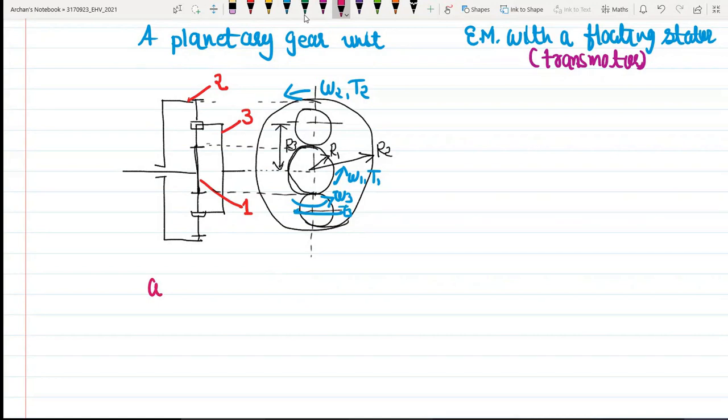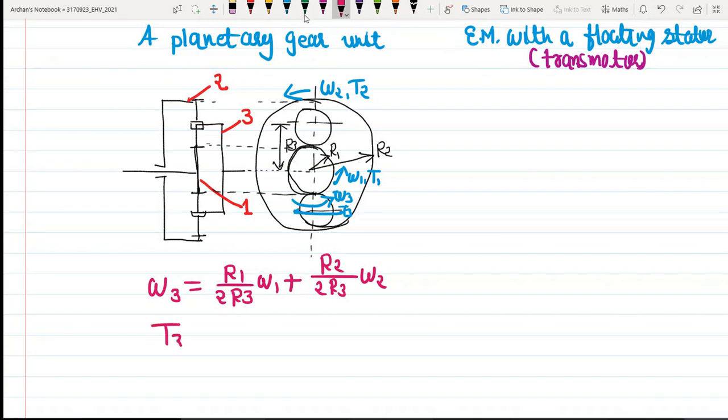Omega 3 would be r1 divided by 2r3 omega 1 plus r2 divided by 2r3 omega 2. And T3 is 2 times r3 by r1 T1, and 2 times r3 by r2 T2.